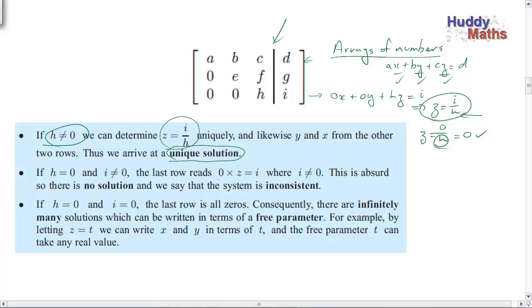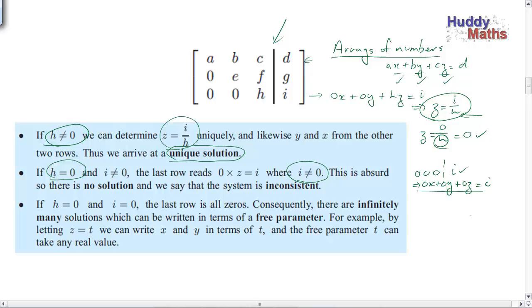So there would be a unique solution, and we're going to see that in a couple of examples coming up in a minute. Now, if h equals naught, we're in trouble, because if h equals naught, we've got this bottom row, and let's say i is not equal to naught. Okay, i is not equal to naught, so that's still a number. And so the bottom row, just remember what it means, naught x plus naught y plus naught z equals a number. Now this is impossible.